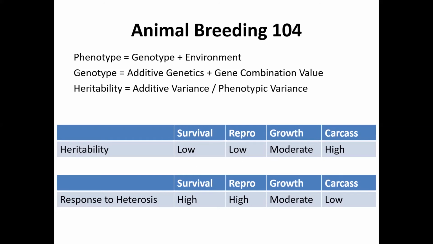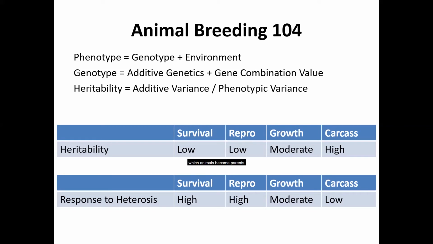And so in most cases, a heterozygote animal that has different genes is better off from a survival or a reproductive standpoint than one that's more homozygous. Okay? And so this gets us to the application of these concepts.